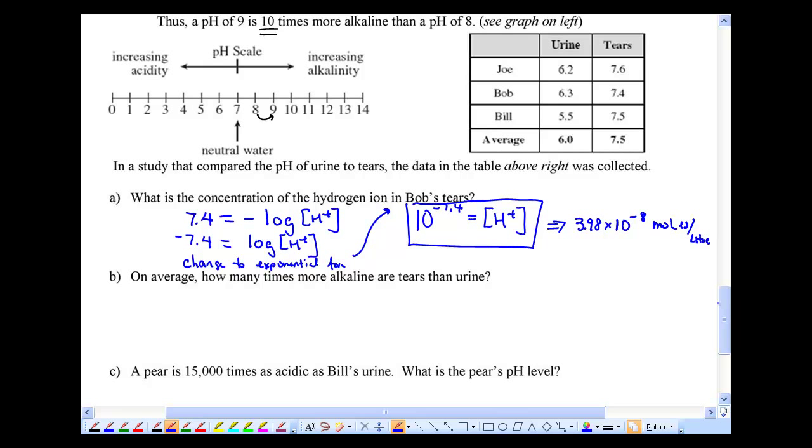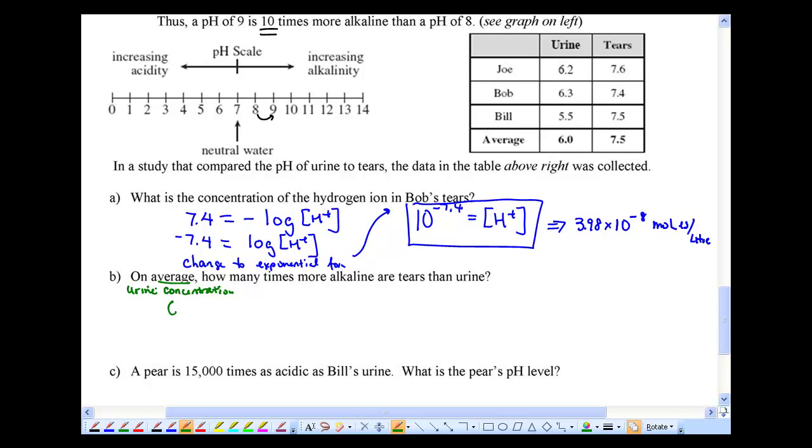Well, once again, to do this, you want to actually compare the concentrations. You want to find the ratio of the concentrations of both tears and urine. So I'm going to ask you, just like before in the sound one, to actually calculate the actual concentration. So let's do the urine concentration, please. We'll take the average number this time.